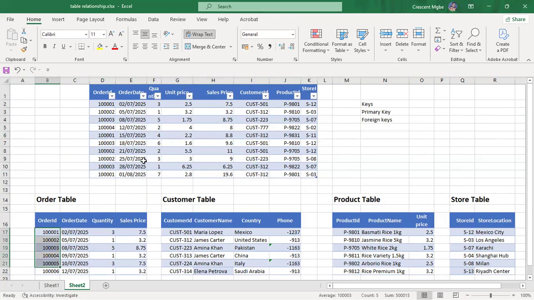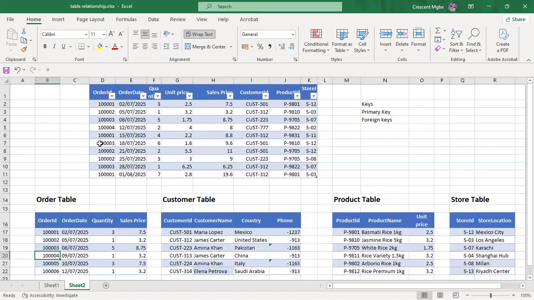So a primary key is a unique identifier in a table that is used to identify all the rows of a table. Unique is the same thing as non-duplicate. So they cannot duplicate, therefore they are unique. Foreign keys are the keys in a column that are used to refer to the primary keys in another column.